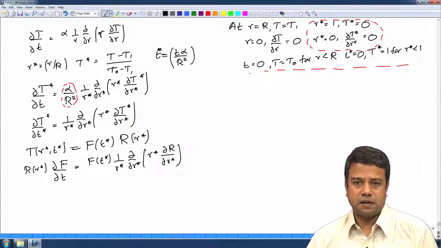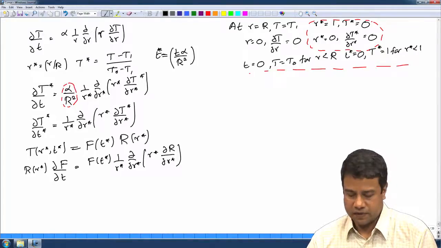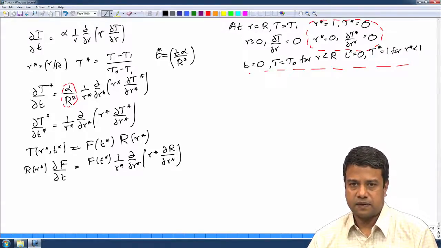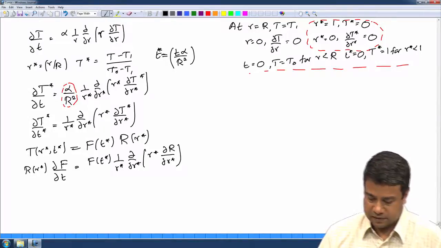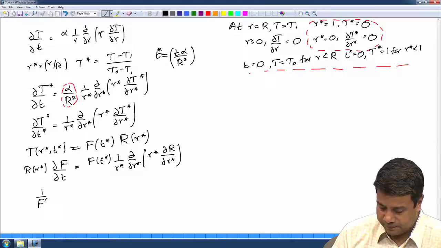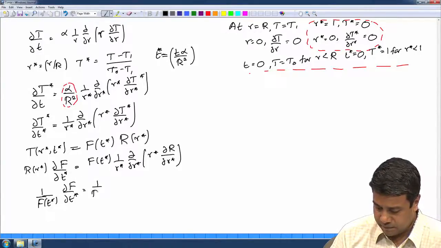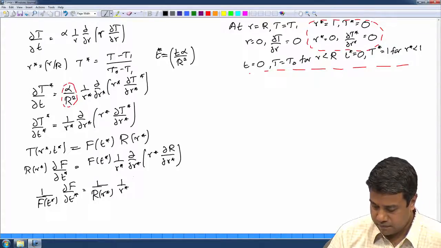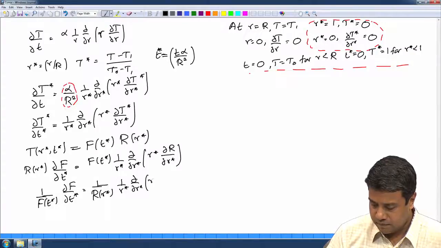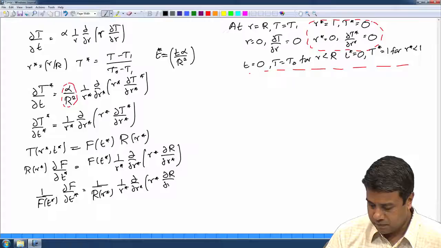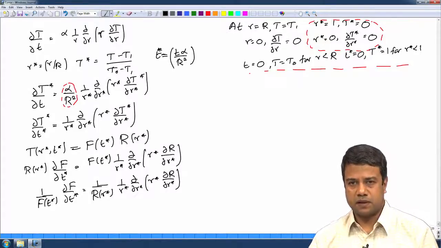So, separately write this function as a function of r times a function of t, insert that into the balance equation and then divide throughout by R times F. Divide both sides of the equation by R times F.